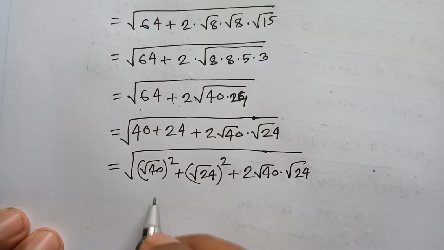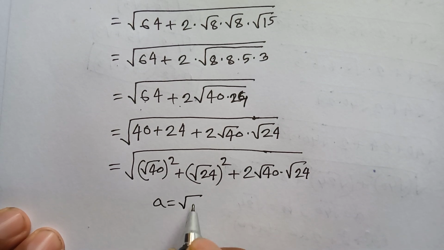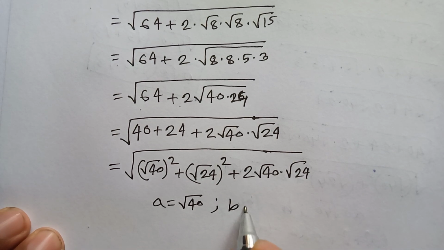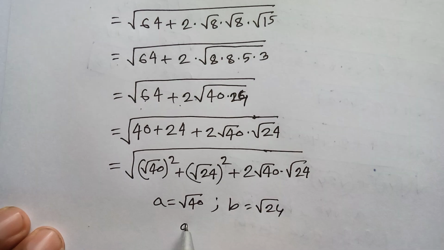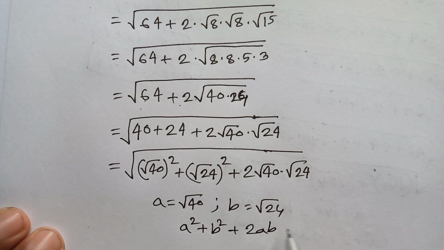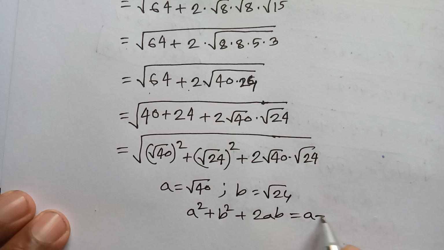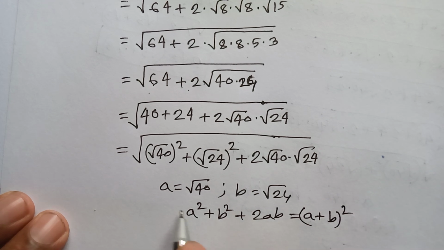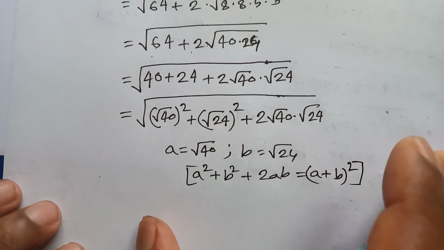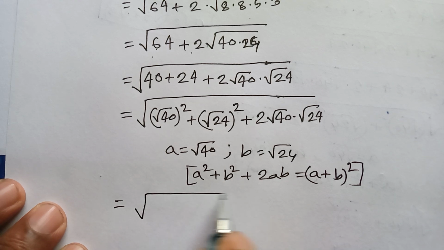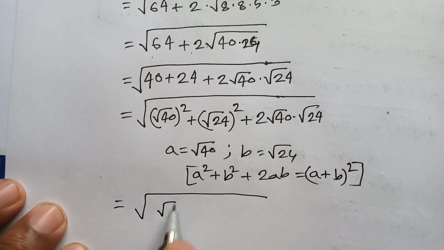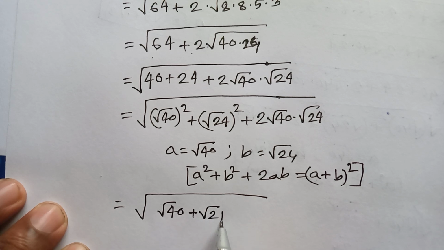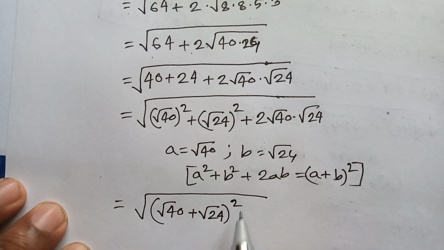Here, if we see a is equal to root 40 and b is equal to root 24, it will be a square plus b square plus twice ab. So we can write here (a plus b) whole square. So according to this formula we can write here under the square root, (root 40 plus root 24) whole square.